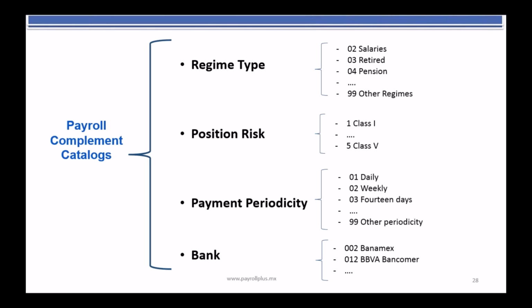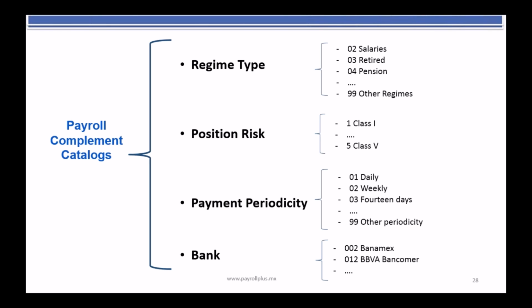Then we have the position risk, which is a field that remained the same. This did not have any modification. However, it's important to clarify that even though it's called position risk, it is actually the risk depending on the employer's activity.